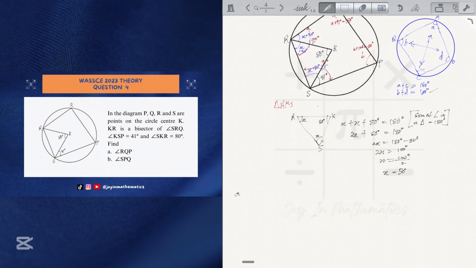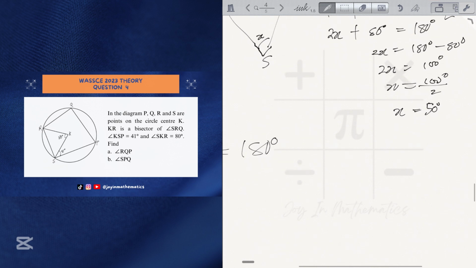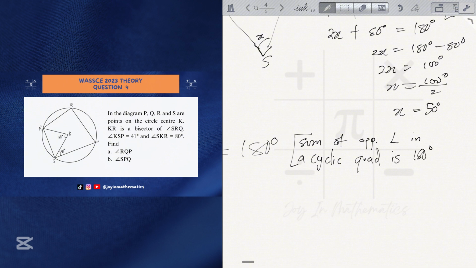A plus 91 degrees is equal to 180 degrees. The reason is the sum of opposite angles in a cyclic quadrilateral is 180 degrees.